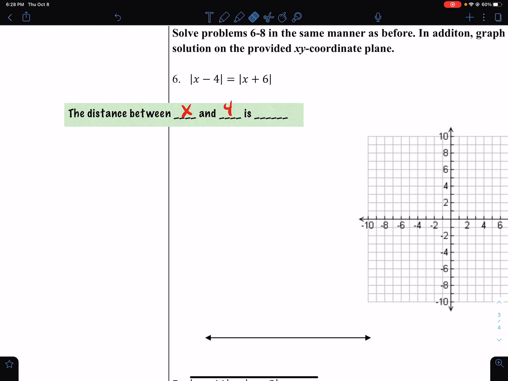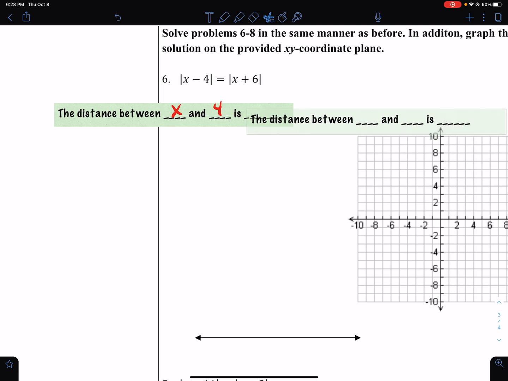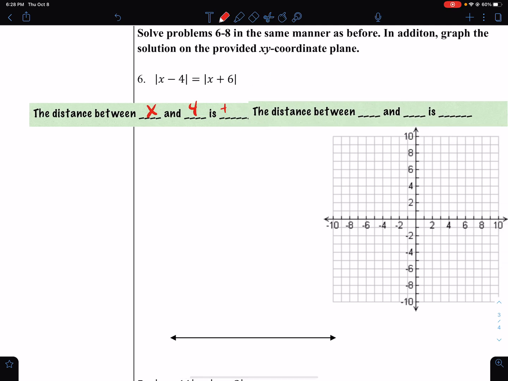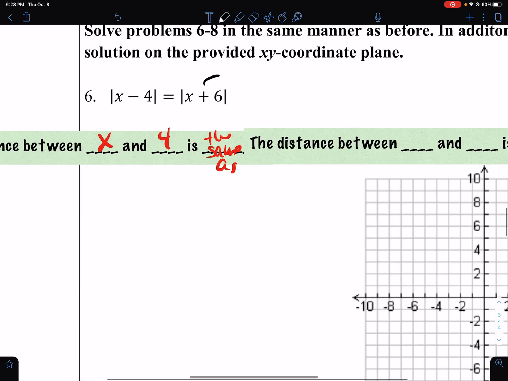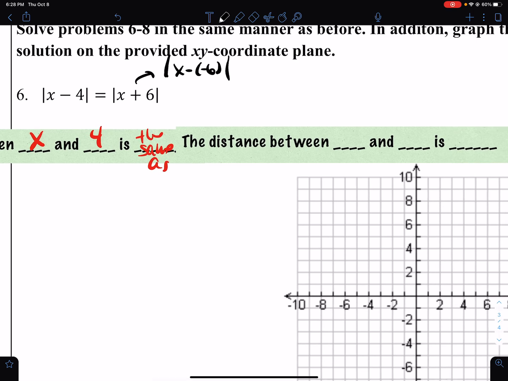But rather than setting it equal to a number, they've set it equal to a different distance. So I'm going to say the same because of the equal sign. If I look at this other side here, x plus 6, that's not written correctly. So I'm going to write that as x minus -6, because if we're dealing with distance, we want a minus sign. So I can see that's then measuring the distance between x and -6.